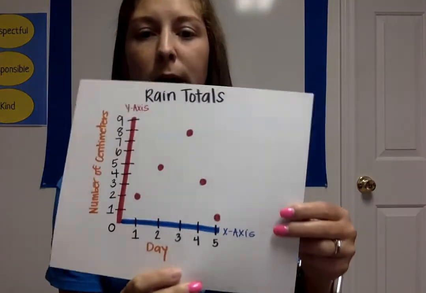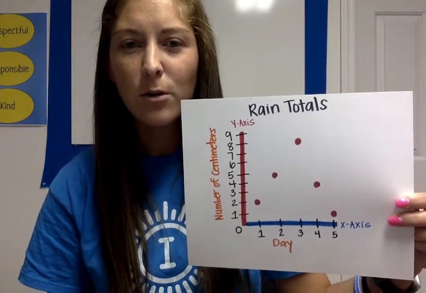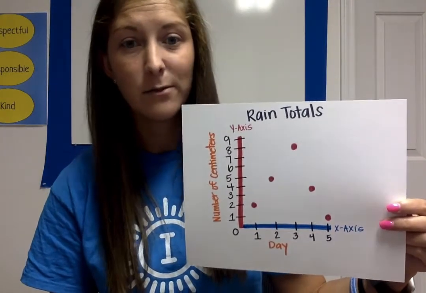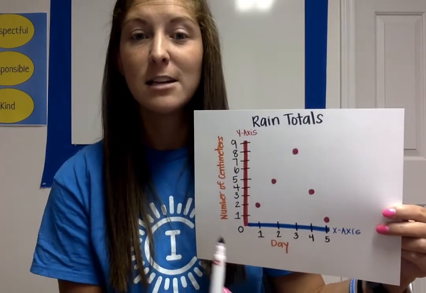Alright, so I've got my data points plotted there, and now you're probably wondering, it's a line graph though, and there's just dots on there. Well, I need to draw a line through it in order to connect my dots. So I always like to connect the dots, so I'm going to do that here.